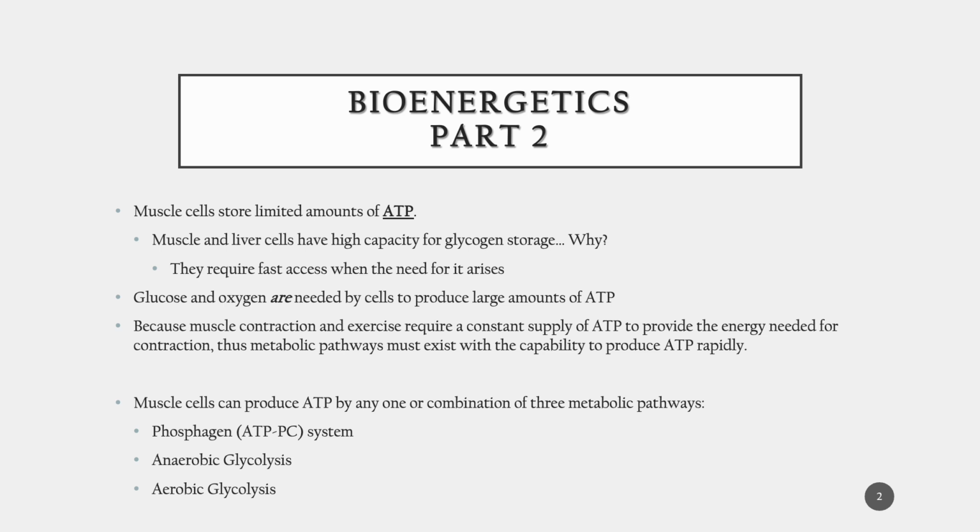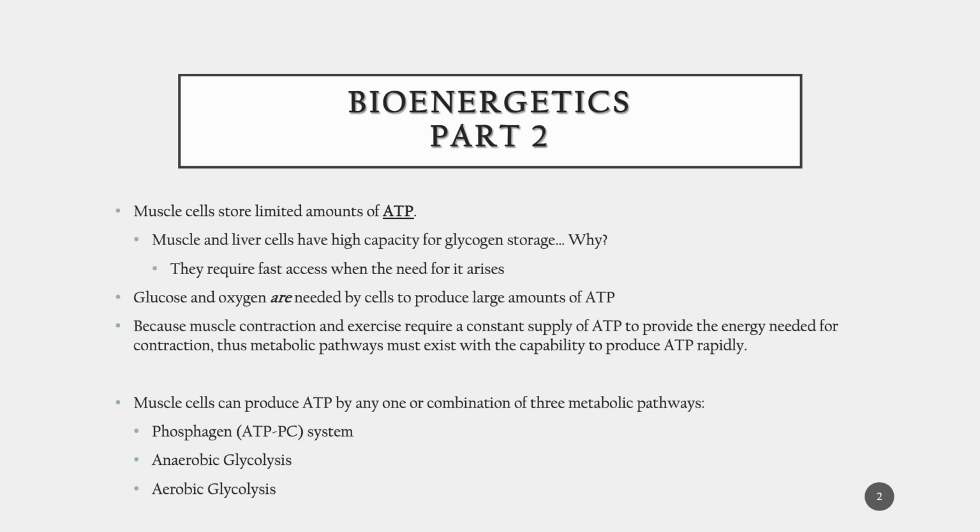Muscle cells can produce ATP by any one or a combination of 3 metabolic pathways. For this class, ATP-PCR is the first energy system to turn on, and we're looking at it as it provides us with ATP immediately.